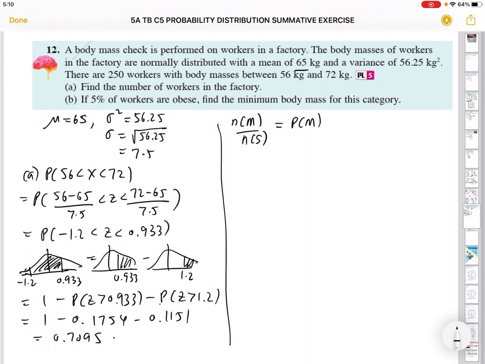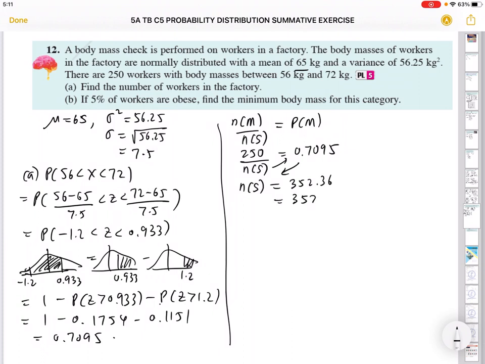So we take this 250, bring up, take 0.7095, bring it down. My size of the sample space, that means the total number of factory workers, will be 352.36. In this case, we round off to 352. Always take the nearest integer. Alright, that is part A.